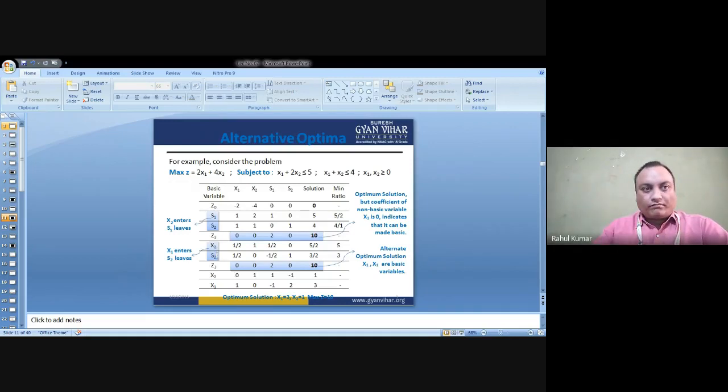Then 1 by 2, here 1 means the whole row divided by 2. So this is 1 by 2, here is 1, here is 1 by 2, this is 0, 0, this is 5 by 2. And similarly in this case 1 by 2, 0, minus 1 by 2, and 1 and 3 by 2, this is 3, right?